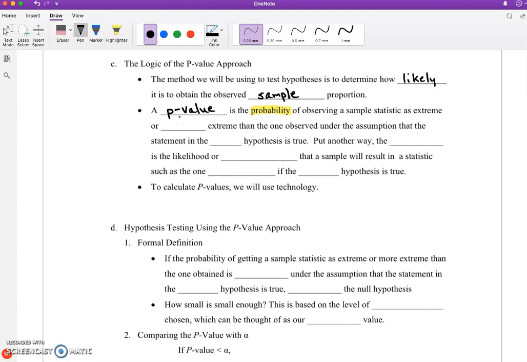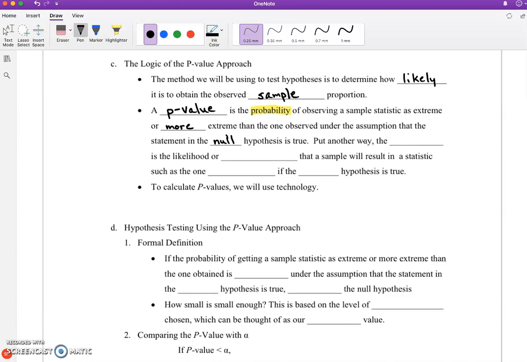So the p-value is the probability of observing a sample statistic as extreme or more extreme than the one observed under the assumption that the statement in the null hypothesis is true.